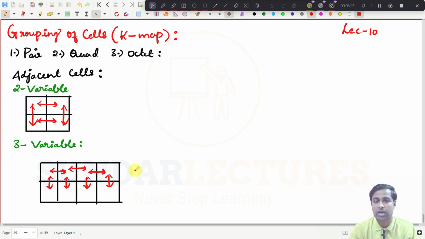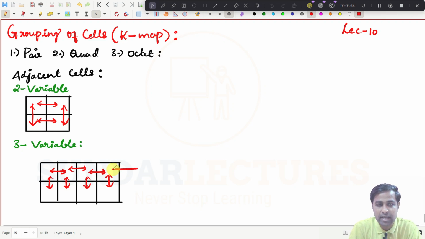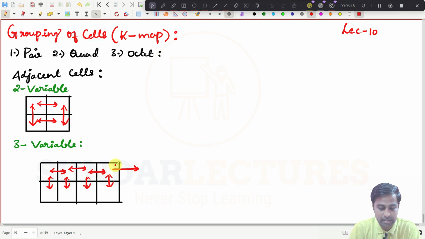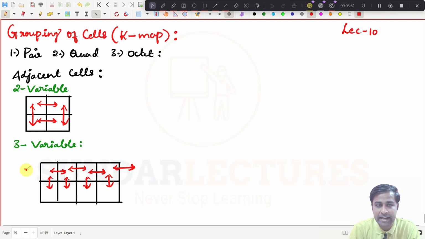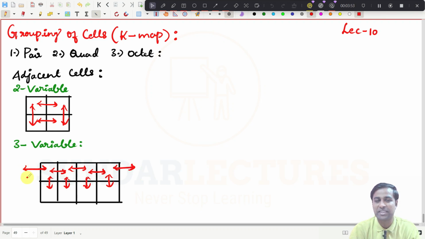Try to understand one thing. In Karnaugh map, you can fold the map like this, or you can fold like this also. If you fold like this, these two are adjacent, as we have already told. But if you fold the K map down, this particular cell and this cell are adjacent to each other.